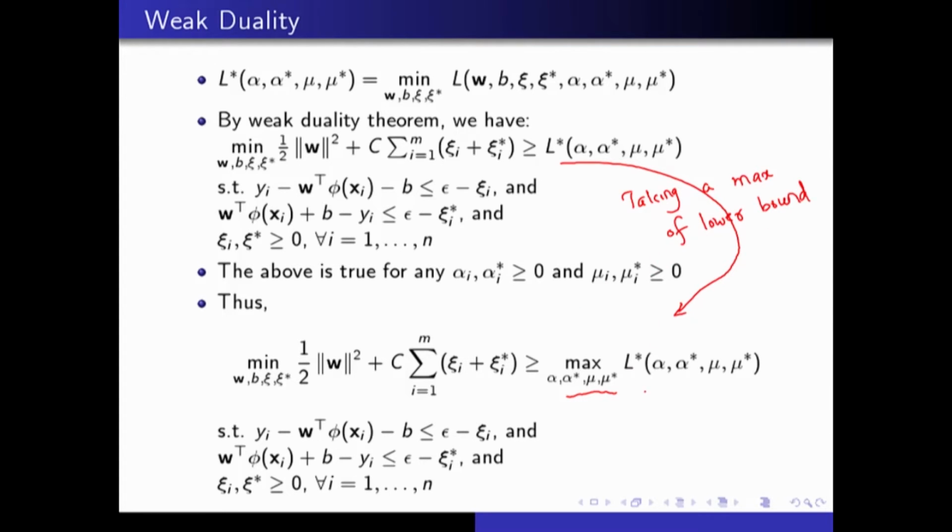Why are we allowed to do that? Because the upper bound is computed with respect to the dual variables, which don't figure on the left hand side at all. So what we are basically saying is that if f(y) is greater than or equal to g(x) for all x, then this should mean that f(y) is greater than or equal to the max over x of g(x). That's all we're stating here.